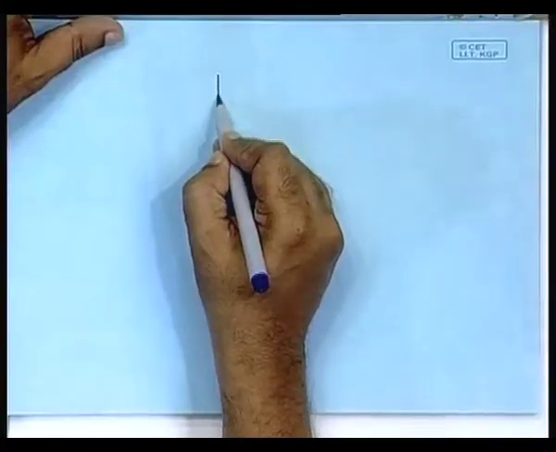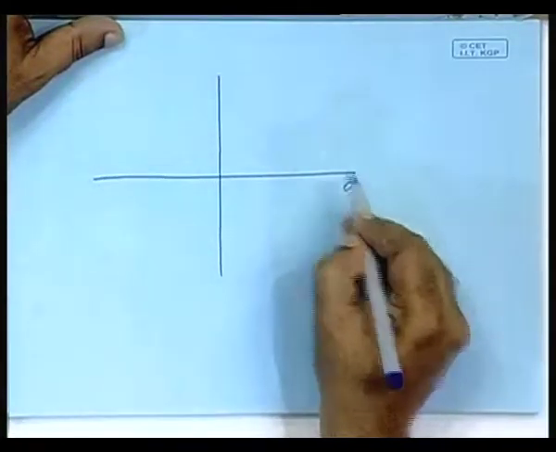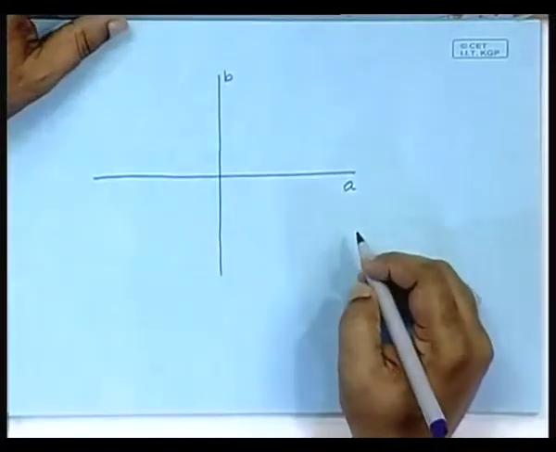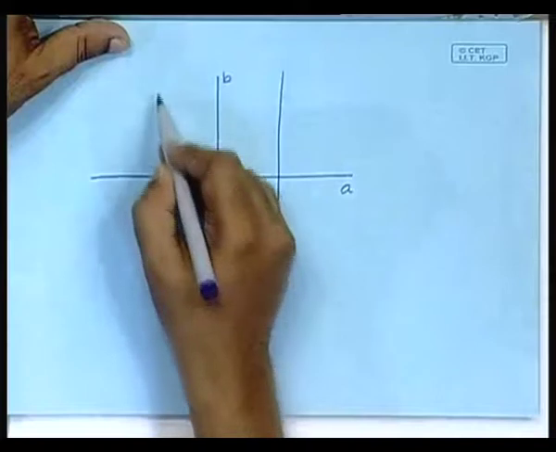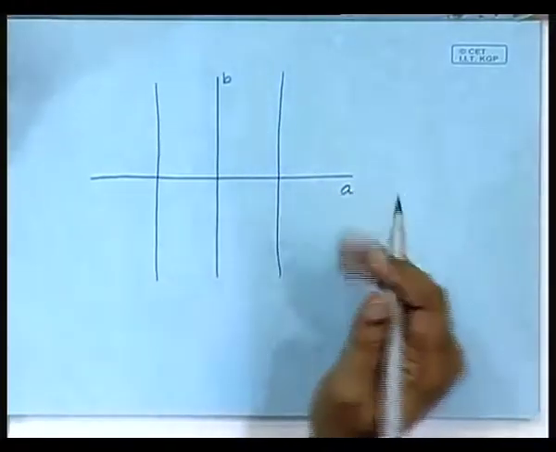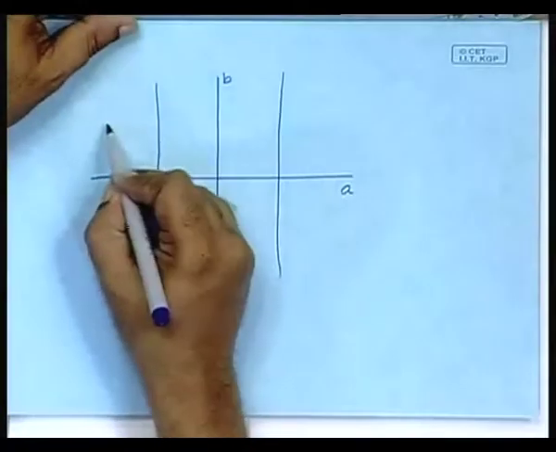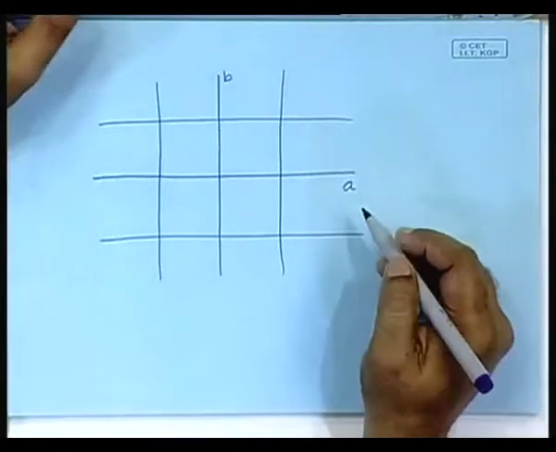And then we said that we can draw a picture of the a versus b parameter space, and for a less than 1 in this range there will be one type of behavior on the left hand side, and for b less than 1 and greater than minus 1 there will be another type of behavior.